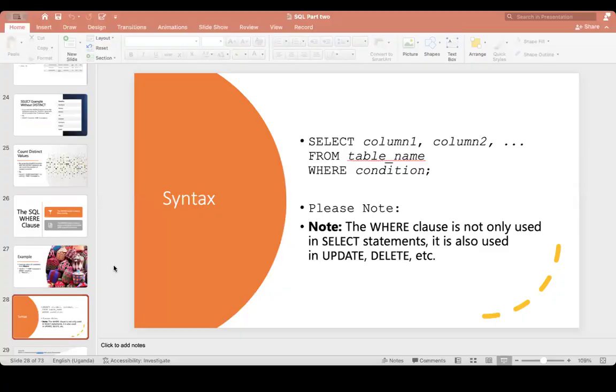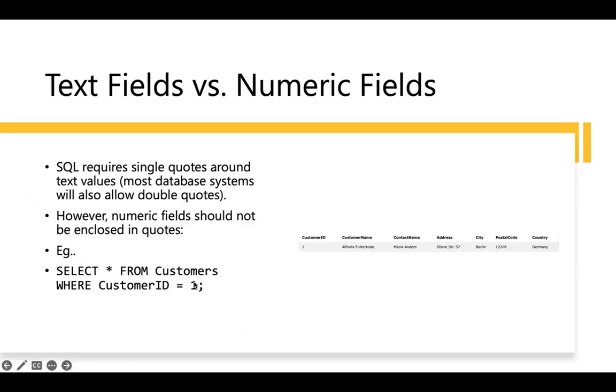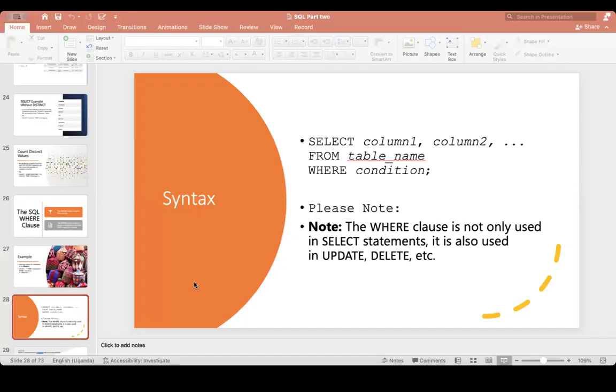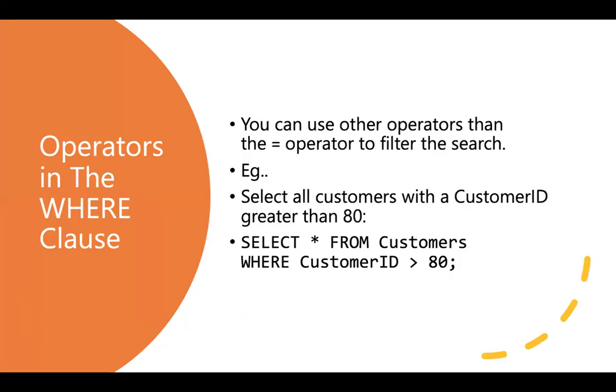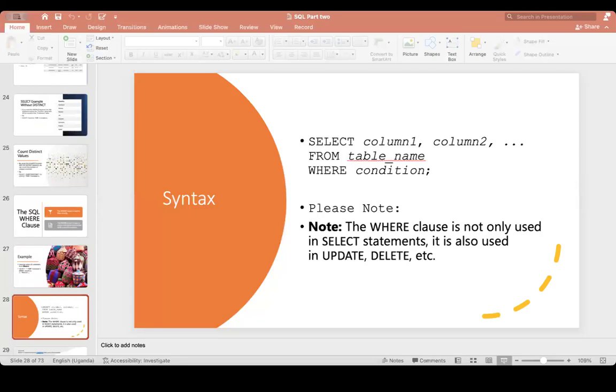So you select all from customers where customer ID equals 1. You don't need to put it in quotes, because it is an integer. But for text or varchar data types, we are supposed to put them in quotes.